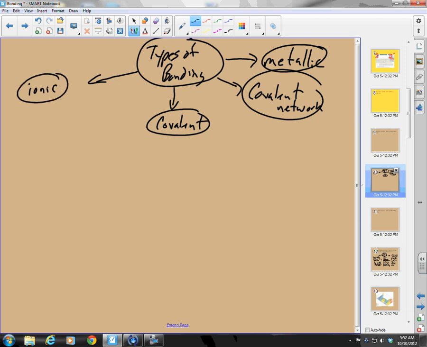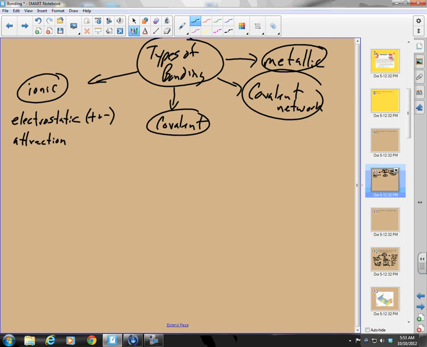So let us get into covalent and ionic. What is an ionic bond? The way I like to define it, this is an electrostatic attraction. What is electrostatic attraction? That means an attraction between positive and negative.